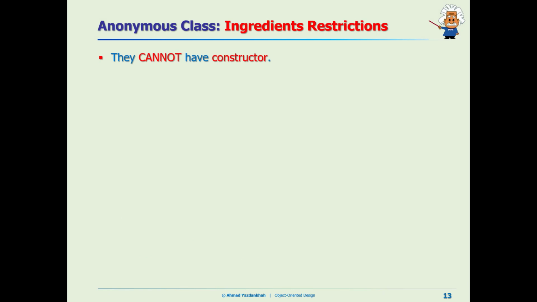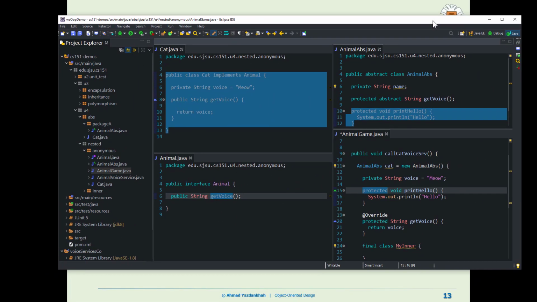All right, okay, so here are the restrictions. An anonymous class cannot have a constructor, and it makes sense because we are not going to instantiate an anonymous class, right? They cannot have static members, but constants are okay. A static member, again, makes sense because we are not going to instantiate it, and it is totally tied to the host object, right?